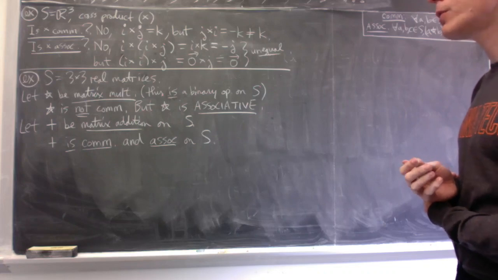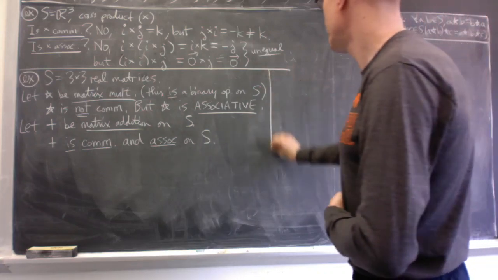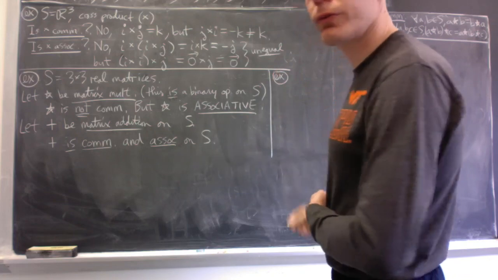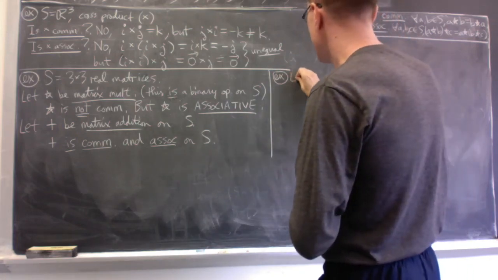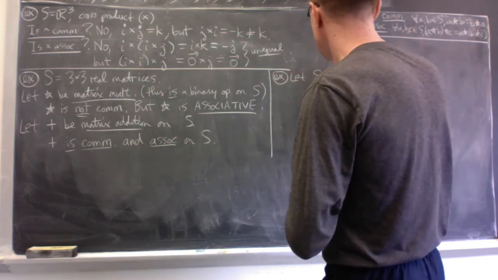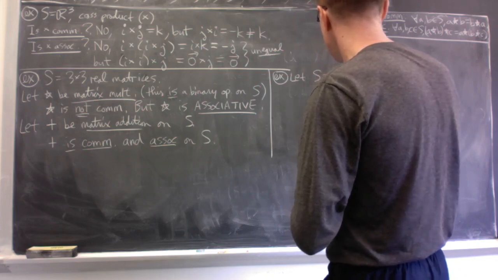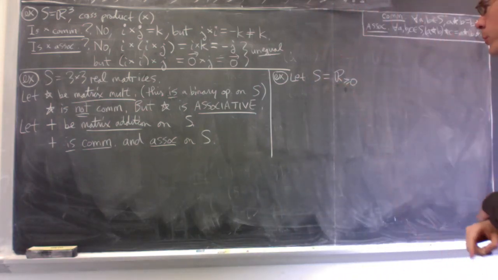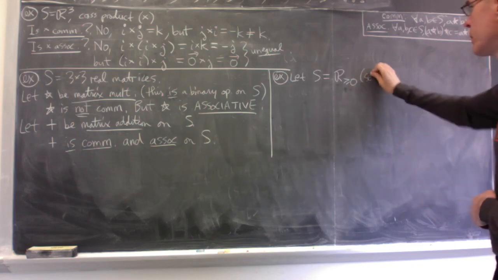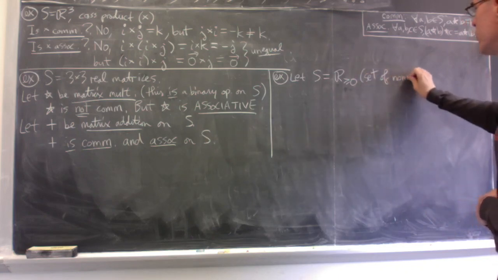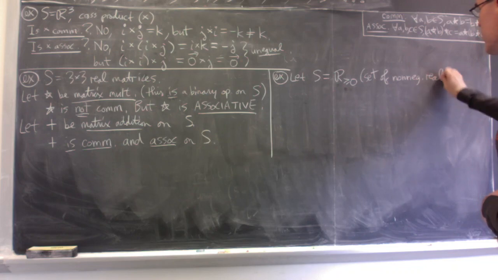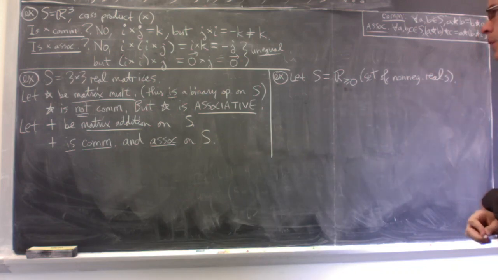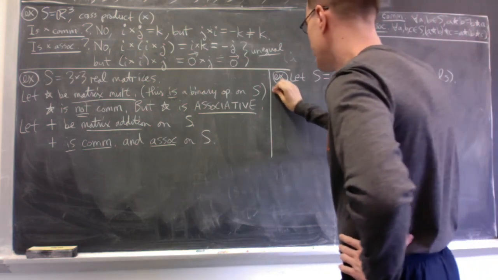Let's do a proof. Here's another operation. Suppose S is the set of reals greater than or equal to 0. This will be my notation for that: real numbers greater than or equal to 0. And we'll have a slightly weird operation.